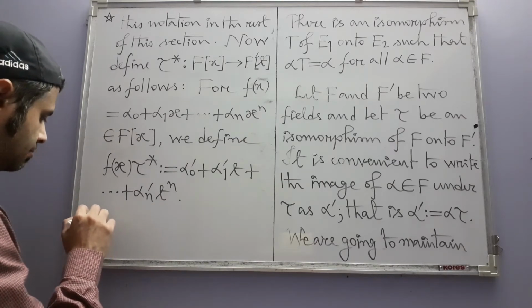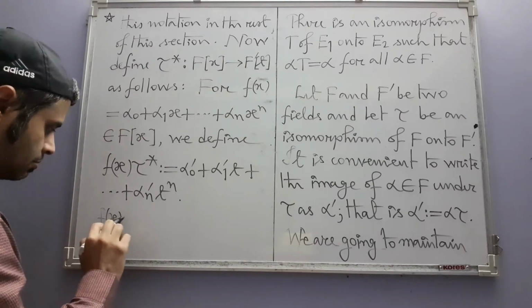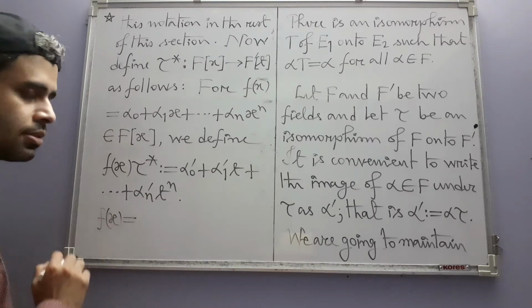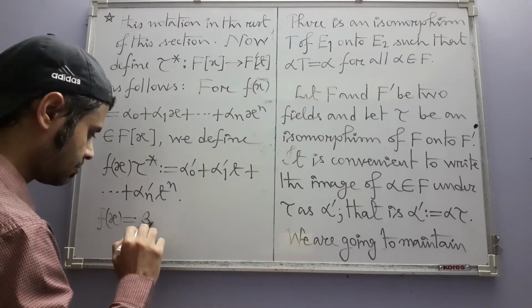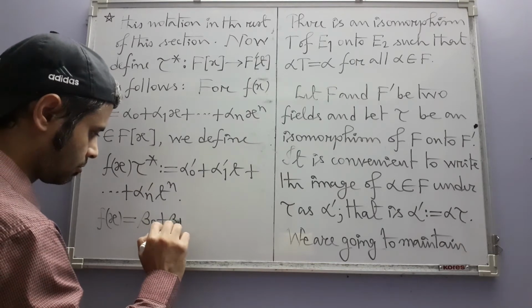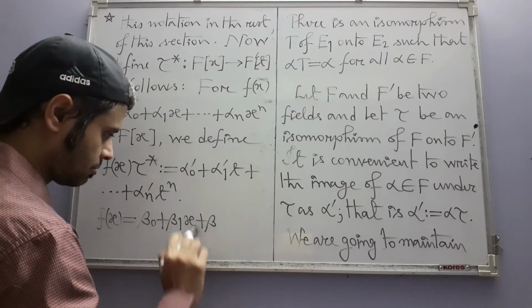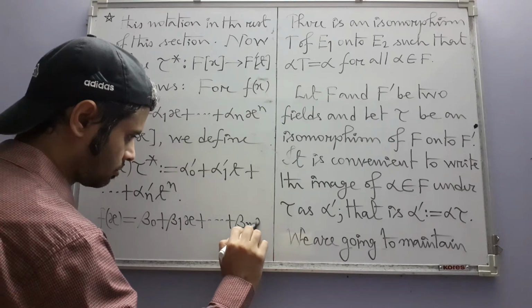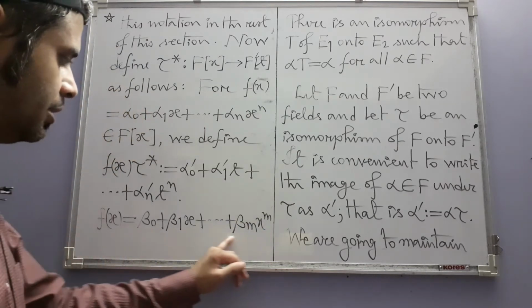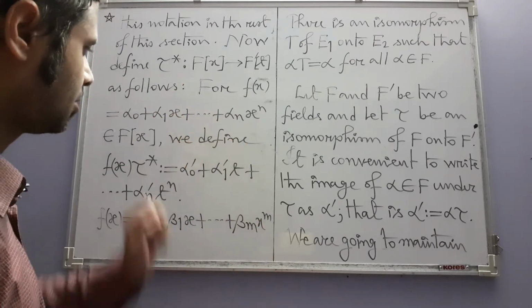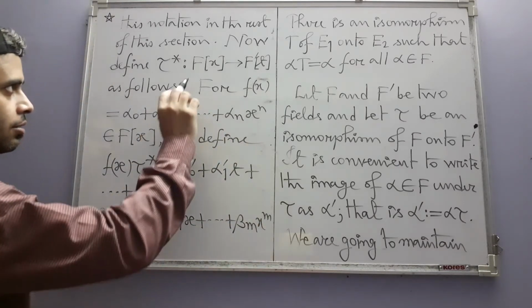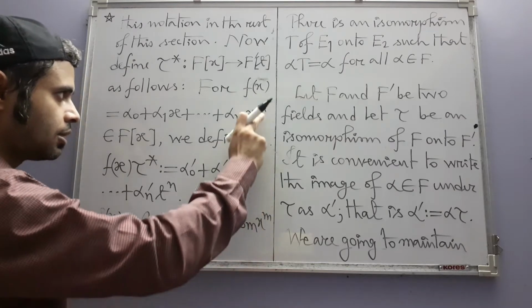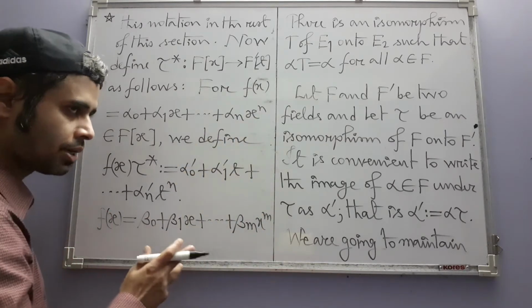If you think of it, say you have another expression for this f(x) like this, where the beta i's or beta j's are also coming from F. Then equality of two elements in this polynomial ring F[x] tells us that m must be equal to n and each alpha i must be equal to beta i.